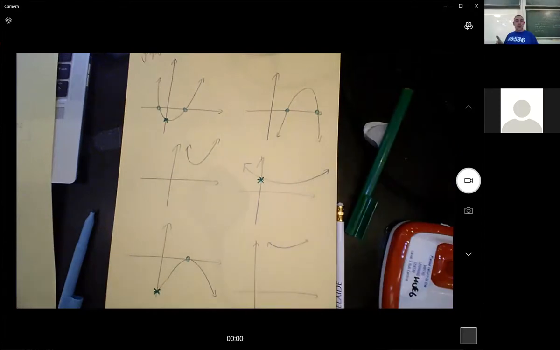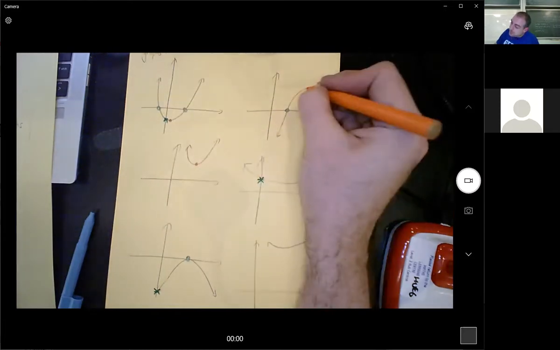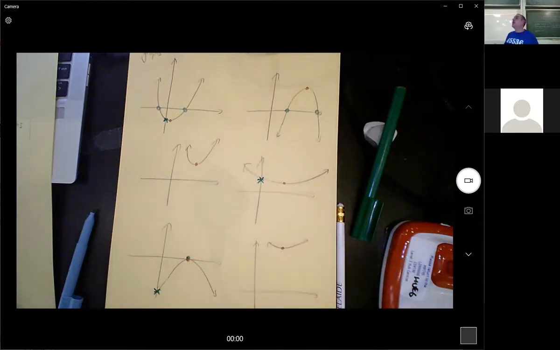And then quadratic functions, because they're all the same shape, will always have a turning point. Its official name is the vertex.